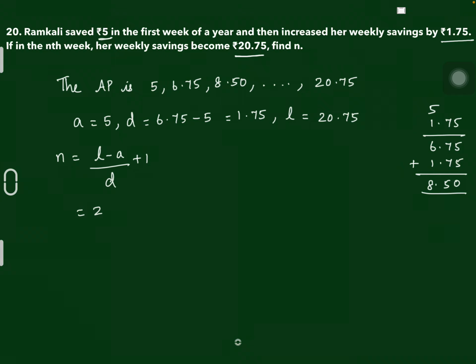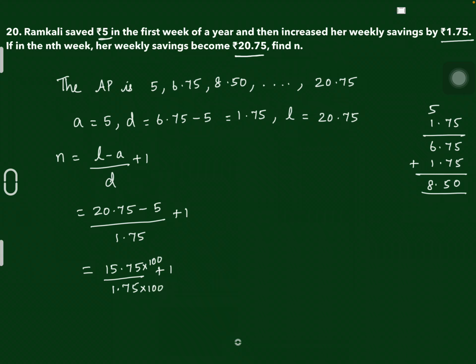What is L? 20.75 minus, what is A? 5 by what is D? 1.75 plus 1. So 20.75 minus 5 is 15.75 by 1.75 plus 1. Whenever there is a decimal place in the denominator, when you do division with the decimal, we remove the decimal by multiplying by 100 or 1000 as per the decimal places.